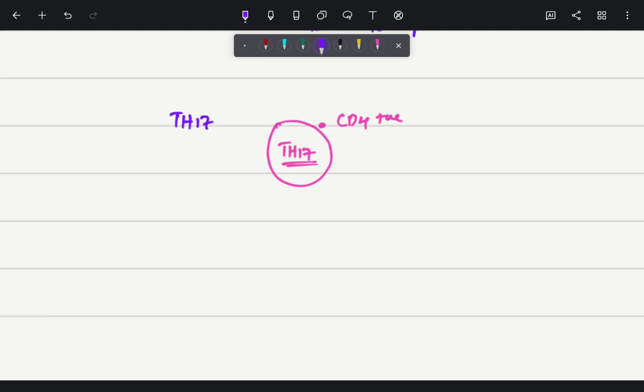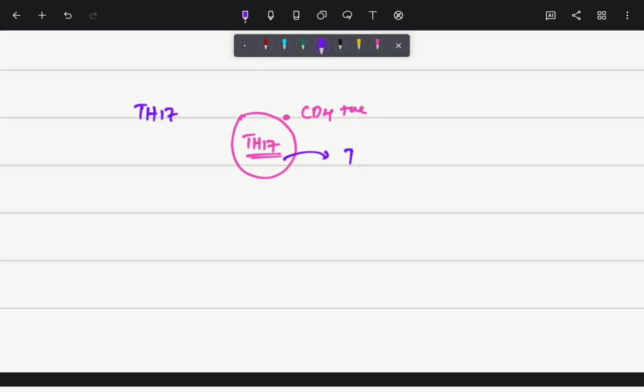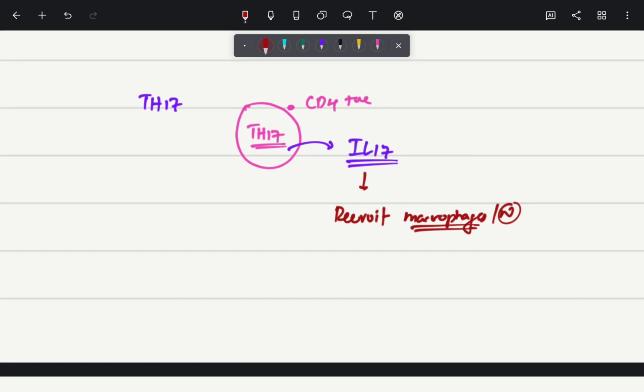Whenever it is stimulated, it will produce a substance known as your interleukin 17. Now the function of interleukin 17 is to recruit the macrophages and neutrophils, but we will focus on macrophages. It's like recruiting the army. So T helper 17 will produce interleukin 17, which will recruit the macrophages.